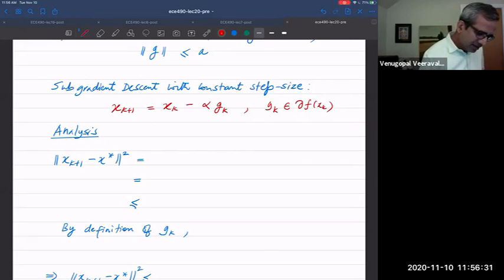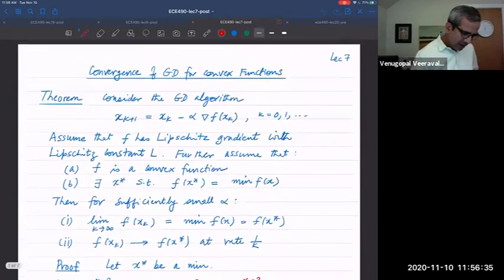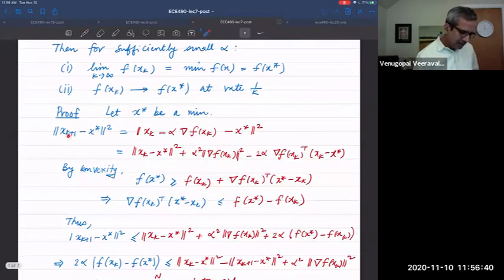This is actually identical to what we did in lecture 7. We said, let's look at xk plus 1 minus x star and expand it out. This step will be the same, except instead of gradient, we'll have the subgradient here.